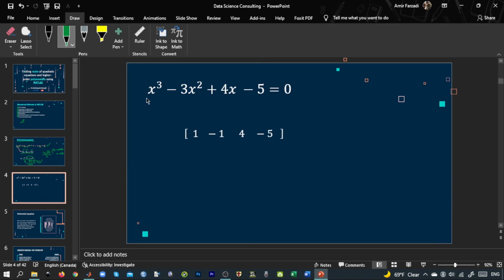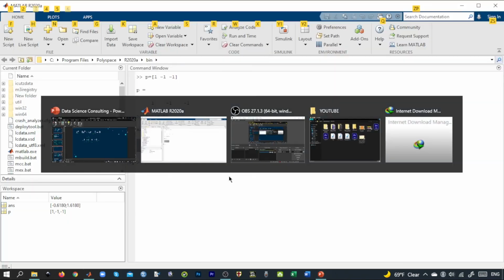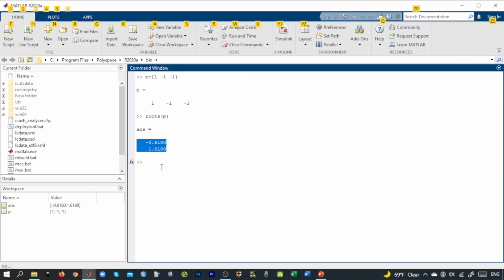You may call this directly by providing the coefficients, and you may use the roots function for higher order polynomials. For example, suppose x cubed minus 3 times x squared plus 4 times x minus 5 equals 0. Then the polynomial is given by these coefficients: 1, minus 3, 4, and minus 5. And then you can solve this equation with the roots function in MATLAB.